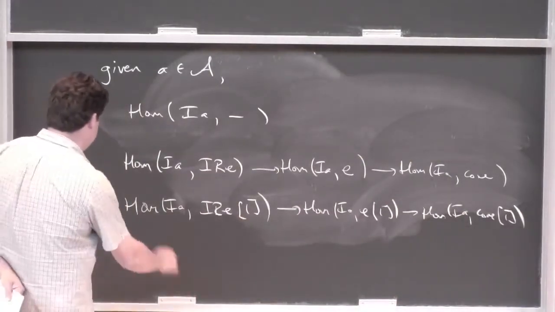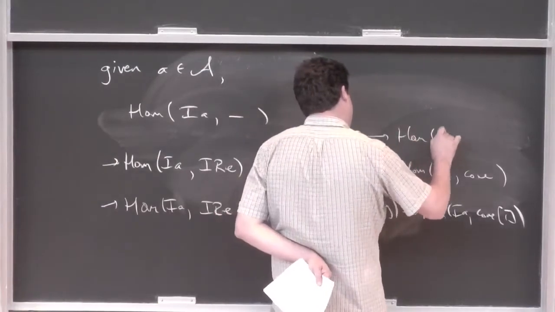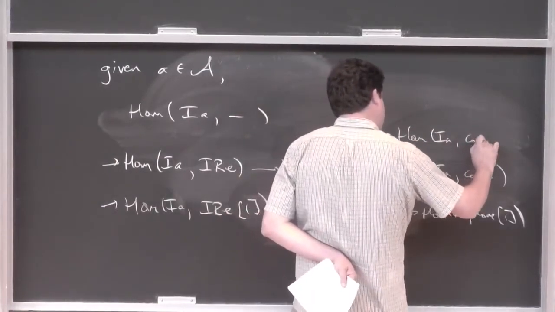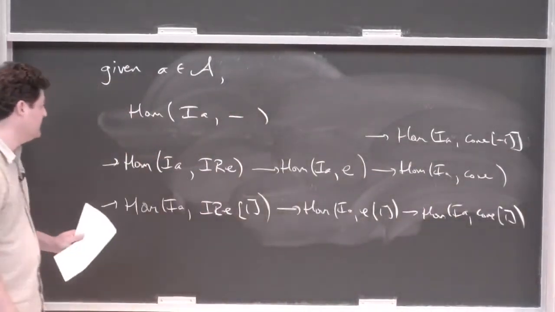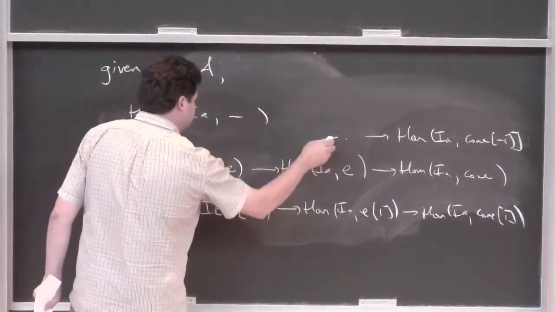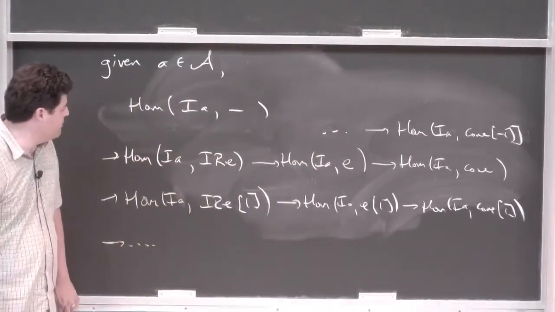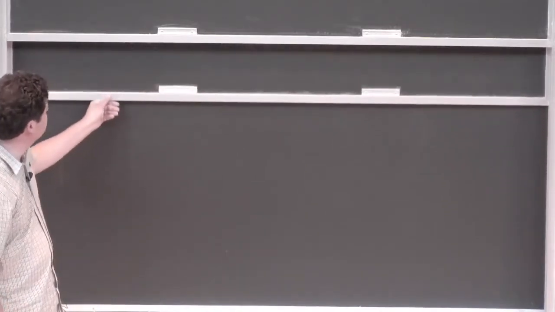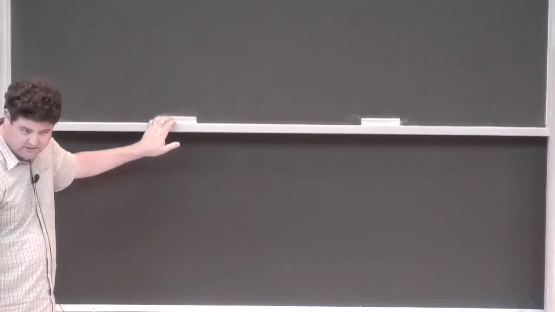And you could go back the other way too. So taking Hom from IA to these things, you get a long exact sequence. So this is plausible, and we'll justify it a little better tomorrow. I guess we should have justified it on Monday or Tuesday, but there was already a lot of abstraction then.